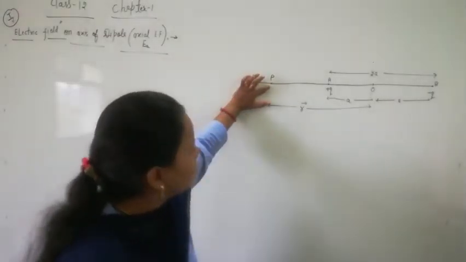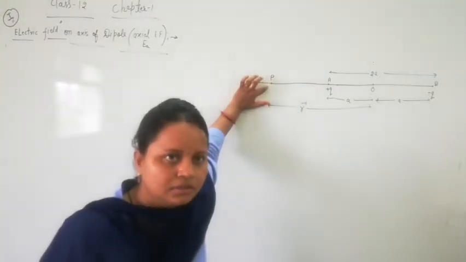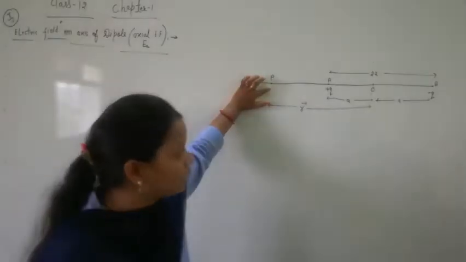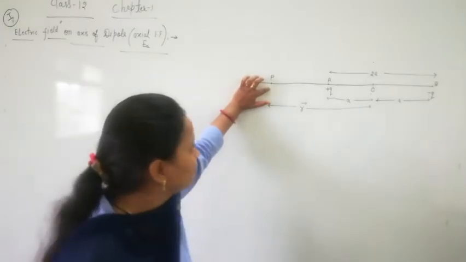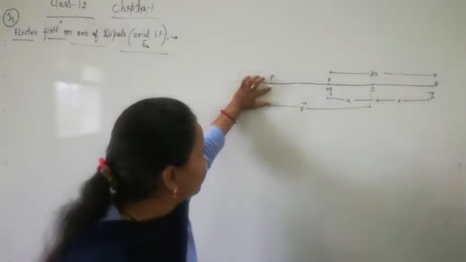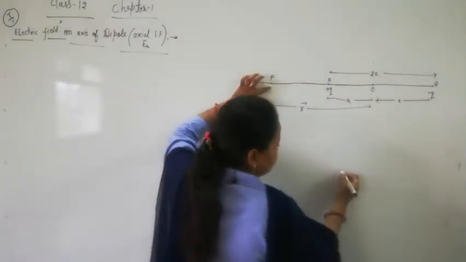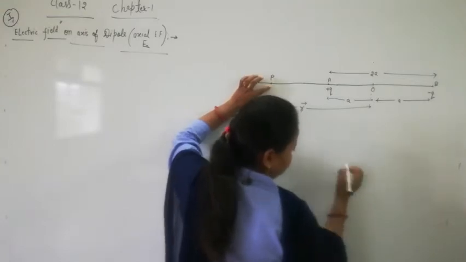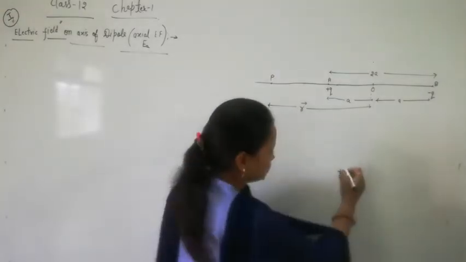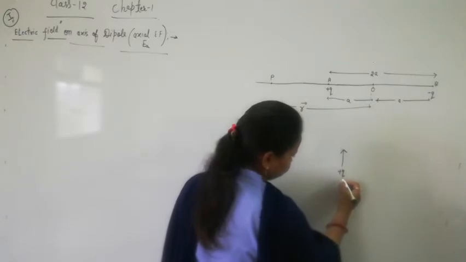Now, what about the electric field direction here? Actually, this is a lengthy diagram. As I told you earlier, the electric field direction due to a positive charge is outward.